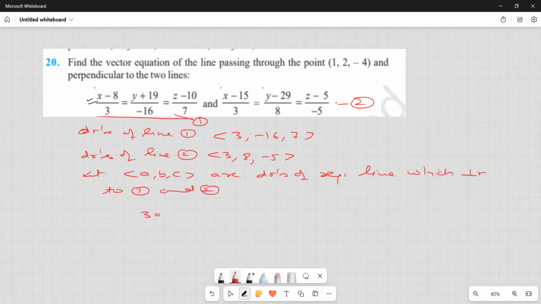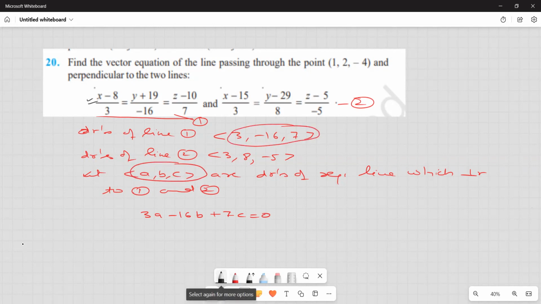So 3a minus 16b plus 7c is equal to 0. This I have taken as a1a2, b1b2, c1c2. Then the next one: this has a1a2, this one has b1b2. So that will be 3a plus 8b minus 5c is equal to 0.